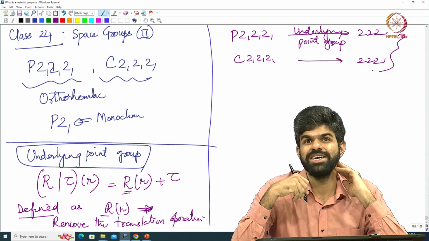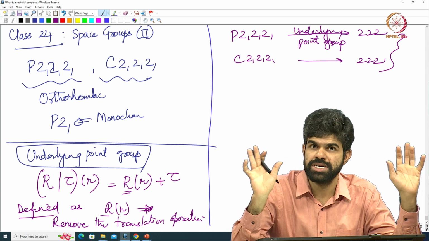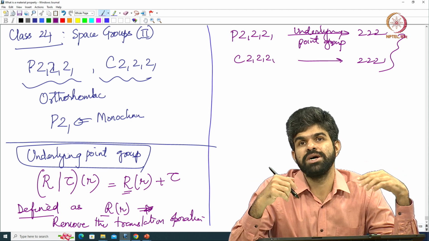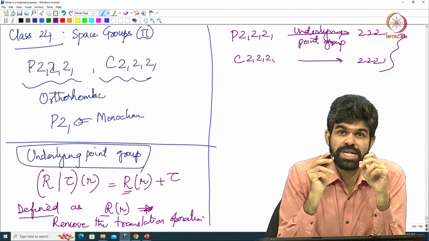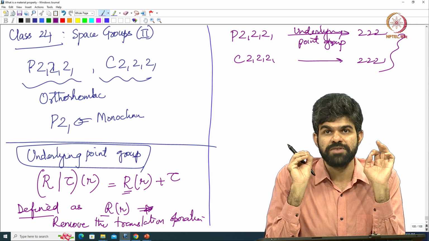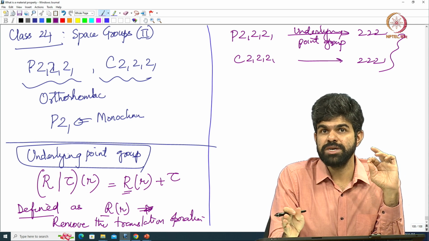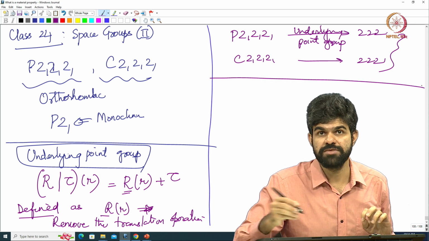The point group is the same, but I have removed all translational operations. Now this is important. It is not just because I have to define something that I am defining it. This is important because the underlying point group is what determines the properties of a crystal. Now, the story gets a bit more complicated, which we will try to address by the end of this class.